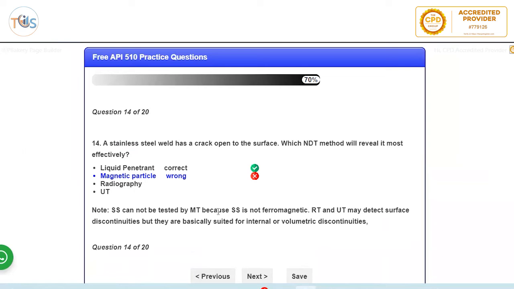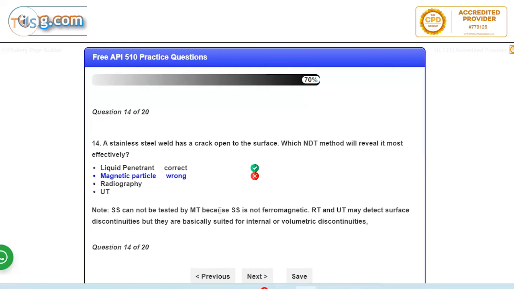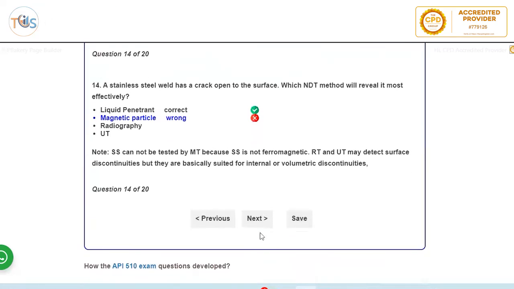Whereas radiography is more expensive, and anyway, liquid penetrant is more accurate in this case compared to magnetic particle. The magnetic particle does surface defects or open very close to the surface, okay? But liquid penetrant only does defects that are open to the surface. That's it. But it's also very sensitive and more effective to do that.